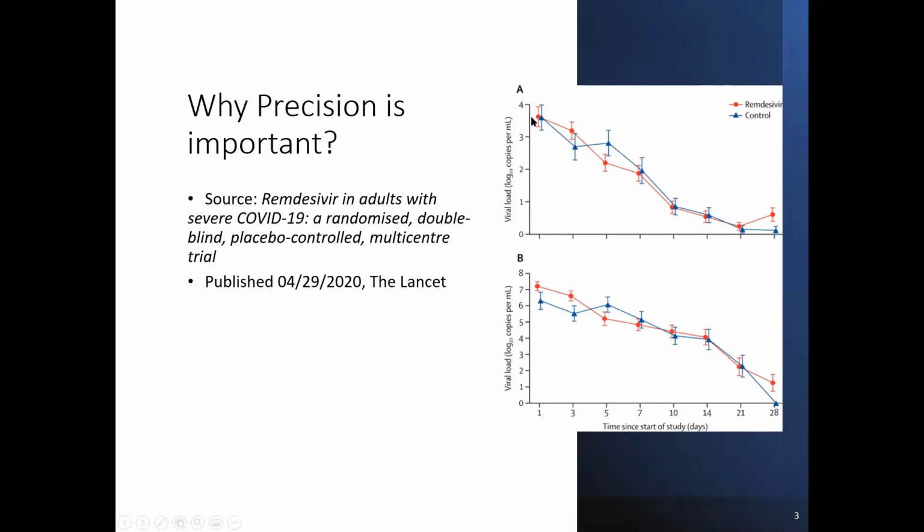The red line is remdesivir, and the blue triangle data points are the control, meaning no actual medicine was given to those patients. The round points and triangle points represent the average. You can see the error bar here that represents the uncertainty of each data point.